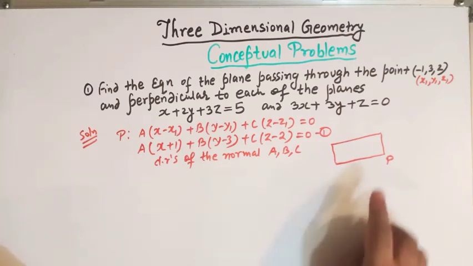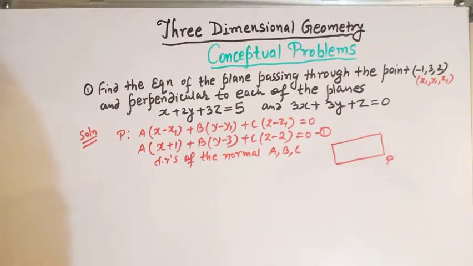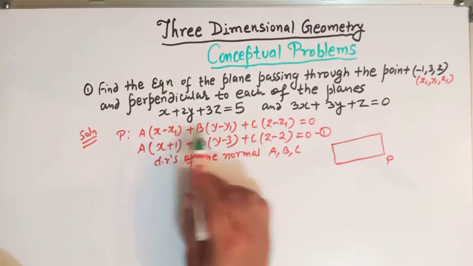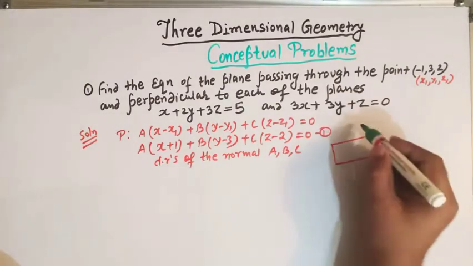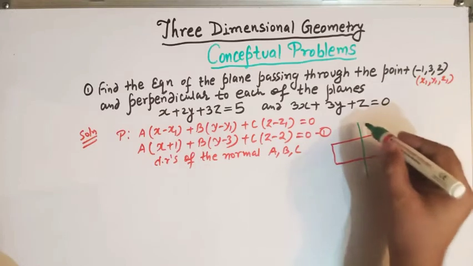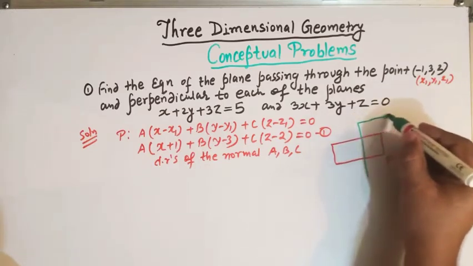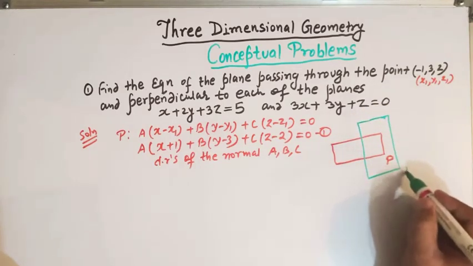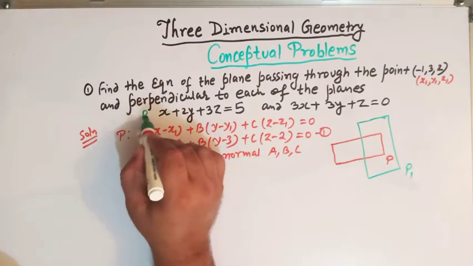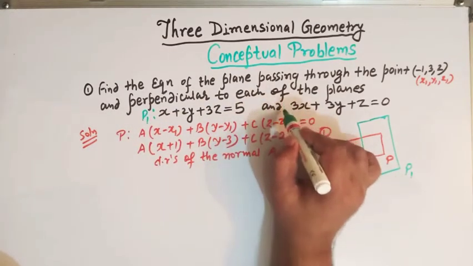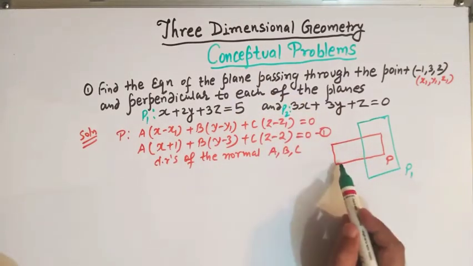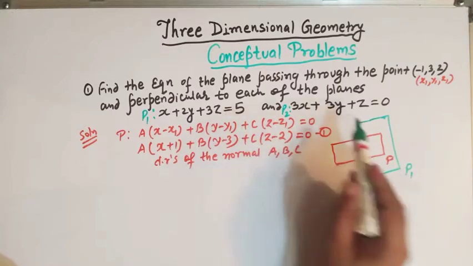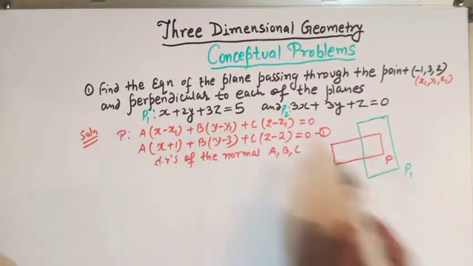Okay, now this plane P is given to be perpendicular to each of these two planes, right? So if we draw the perpendicular planes like this, suppose this is the plane P1, and let us say this plane is P2, right? Now this plane is perpendicular to P1 and P2.